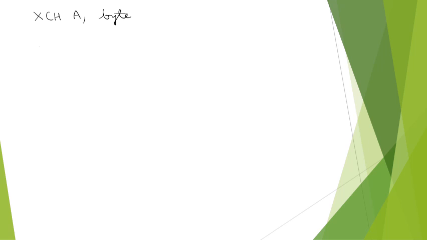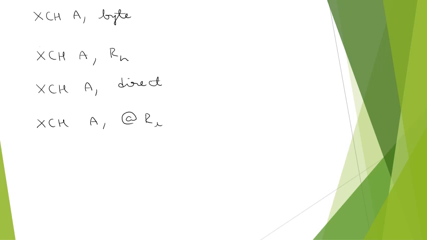The source operand or the source byte can use register, direct or register indirect addressing mode. So we have XCH A, Rn, XCH A, direct, and XCH A, @Ri.